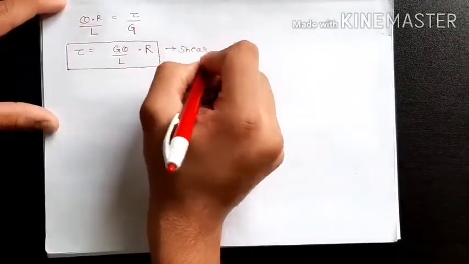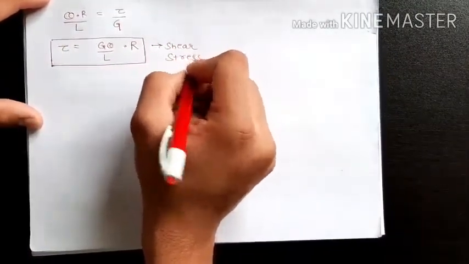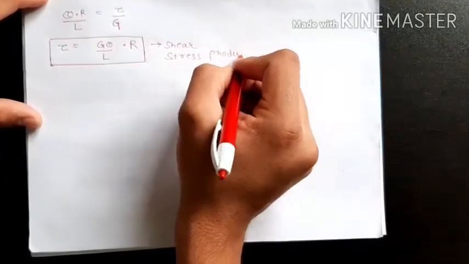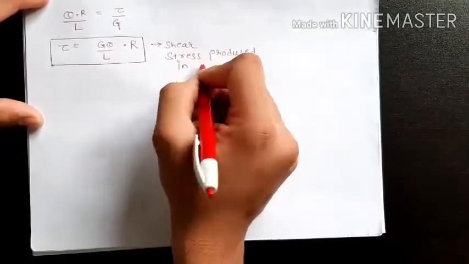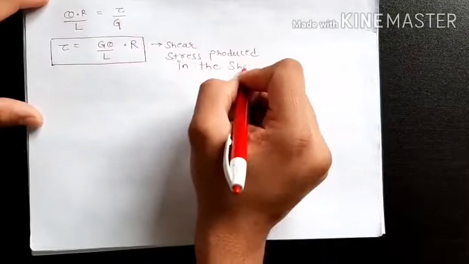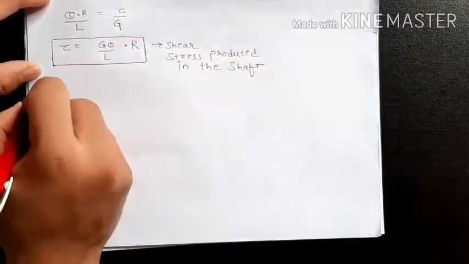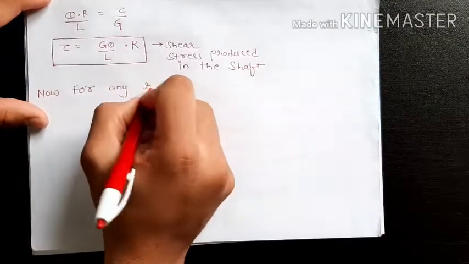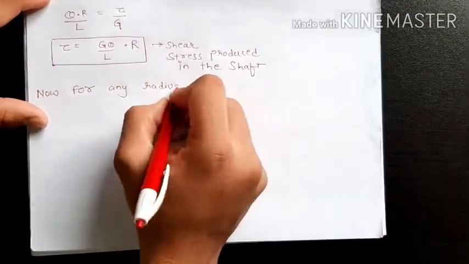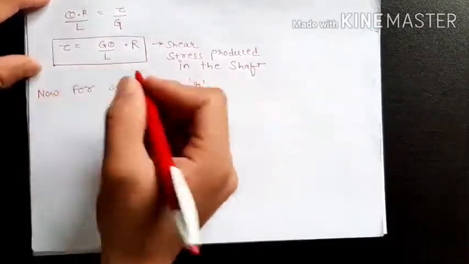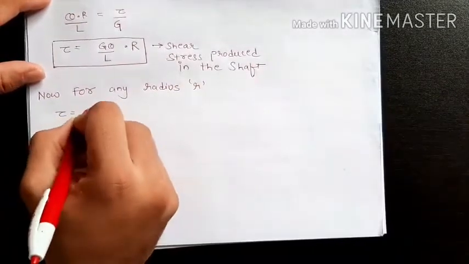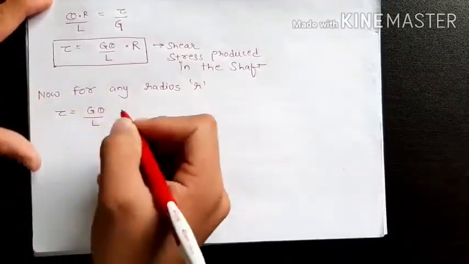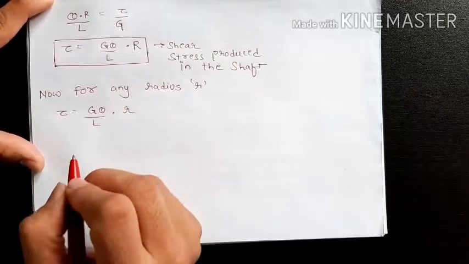This is the shear stress produced in the shaft. Now, for any radius r, we can write the above equation as tau is equal to G theta upon L into r.